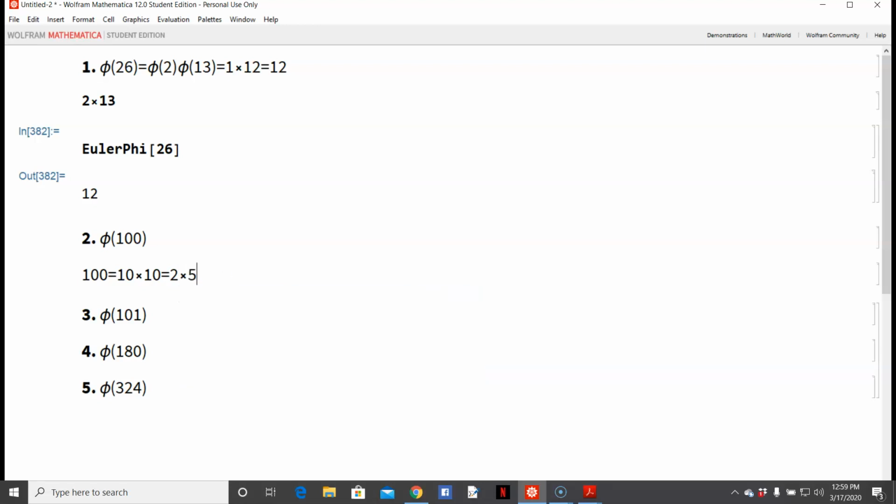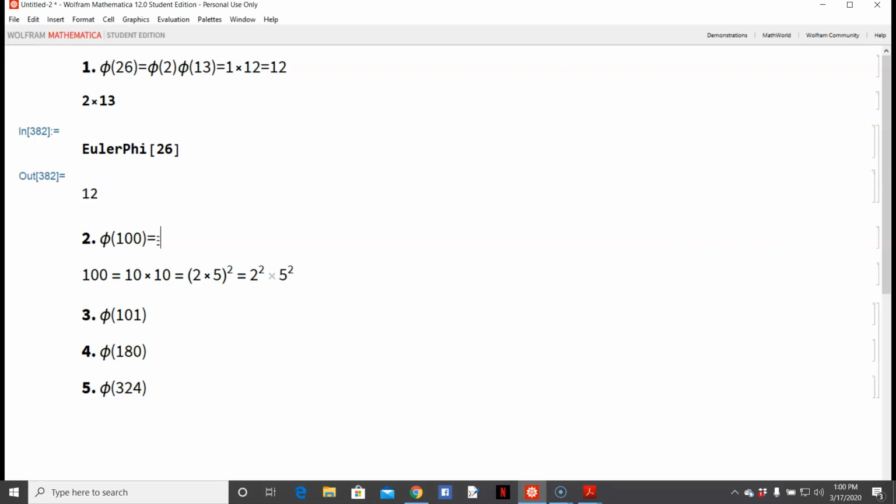So it's 2 times 5, all squared, which is 2 squared times 5 squared. Well now 2 and 5 are relatively prime, so 2 squared and 5 squared are relatively prime.